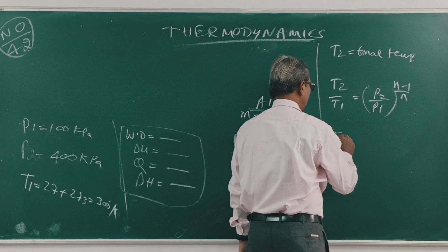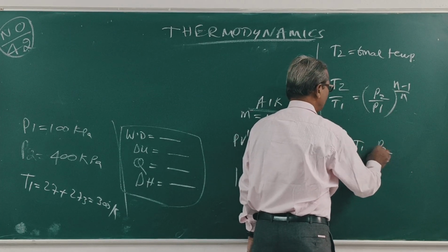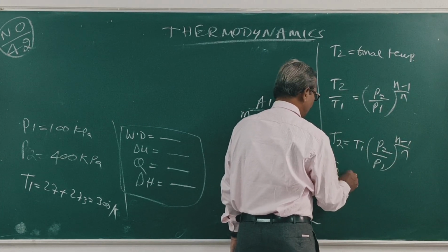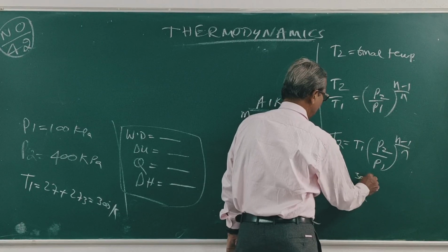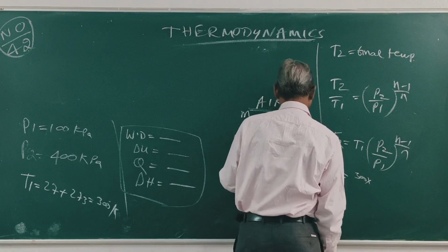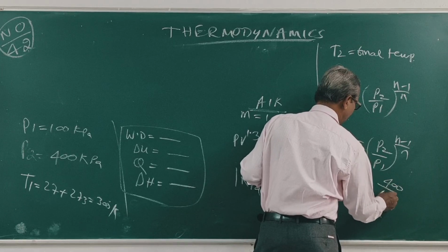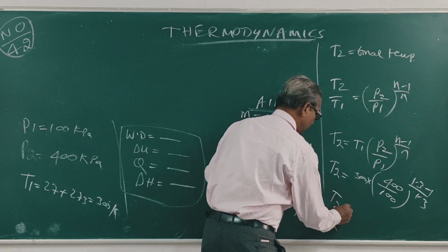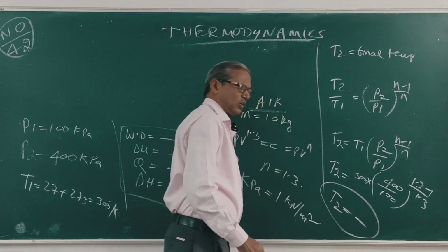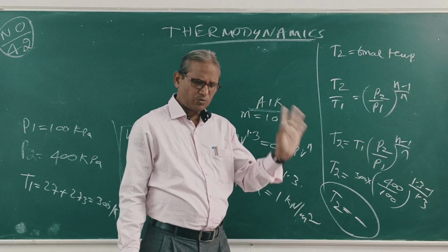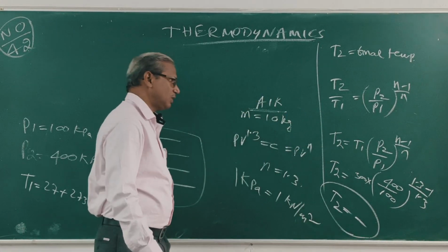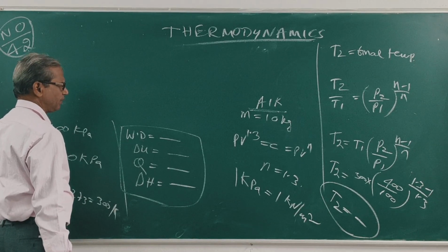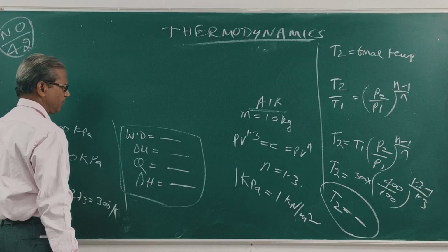So T2 is equal to T1 into P2 by P1 to the power of n minus 1 by n, that is 300 into 400 by 100 to the power of 1.3 minus 1 by 1.3. Use calculator and make the calculation for T2. Now P1 given, P2 given, T2 given.